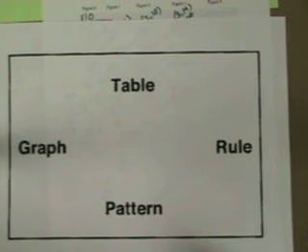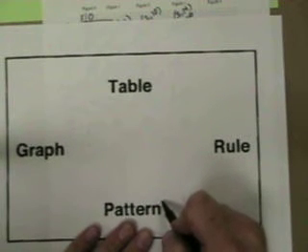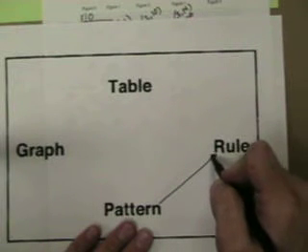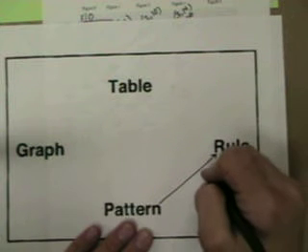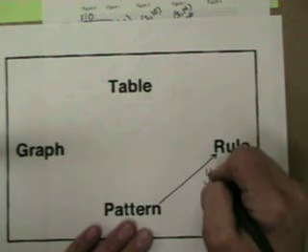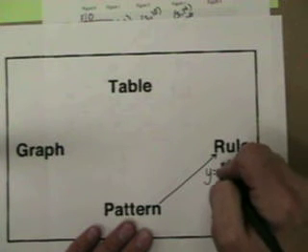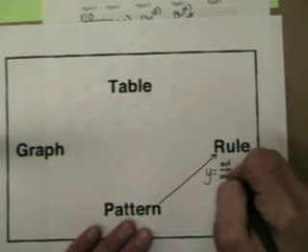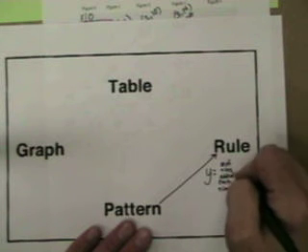Today we worked on going from a pattern directly to a rule. When I do that, I basically said this: y equals, and then this is the number of tiles added each time on the x.